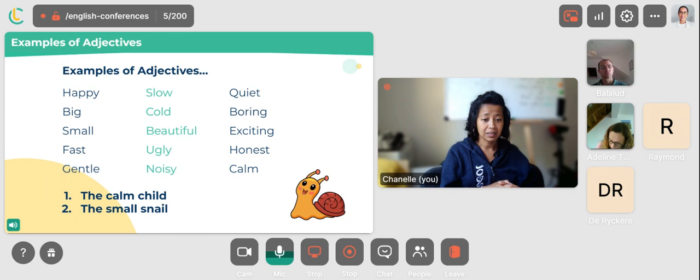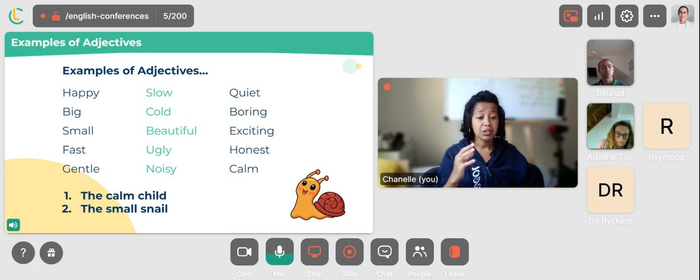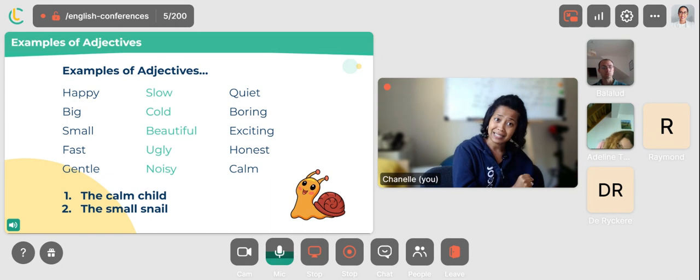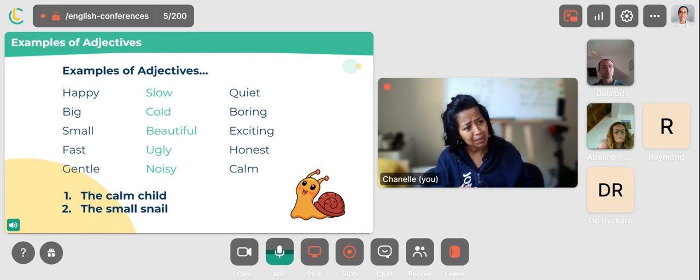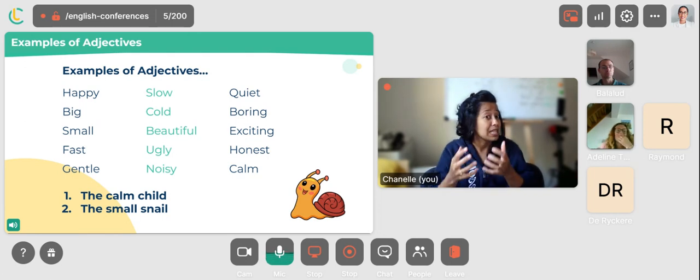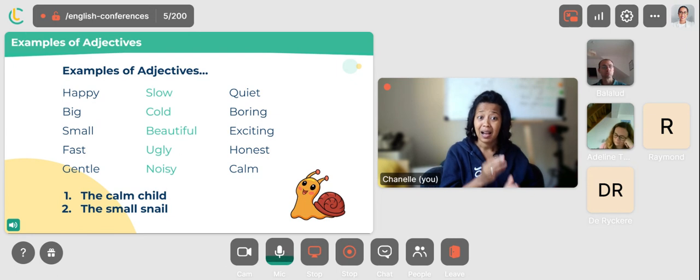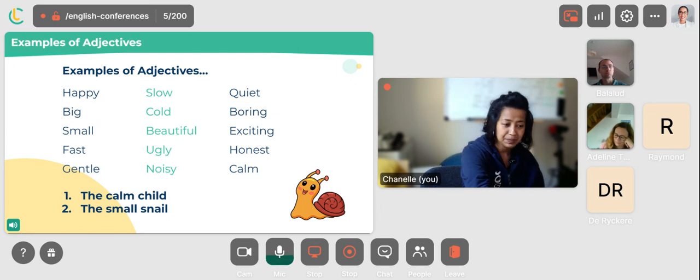So, for example, the calm child, because child is the noun. The small snail, because snail is the noun. So I would like to describe the snail. So the snail is small. So small and calm are my adjectives.